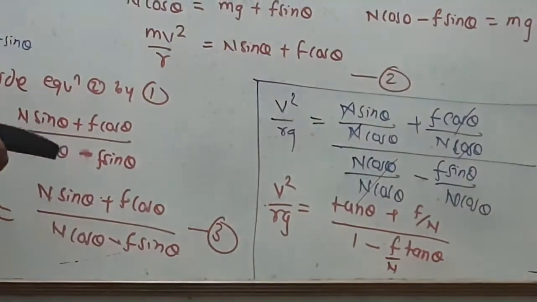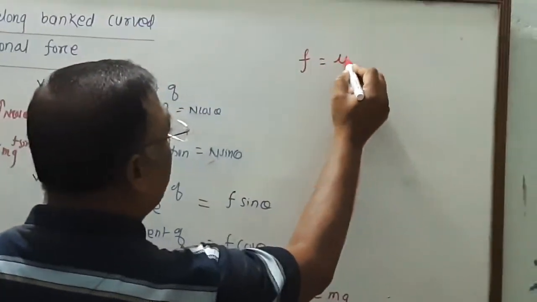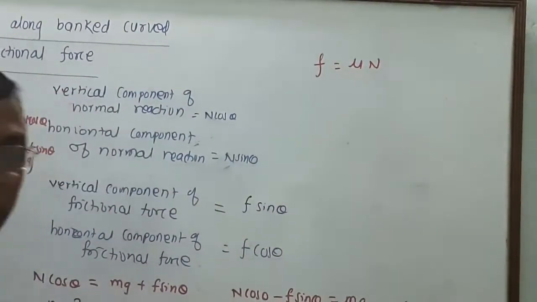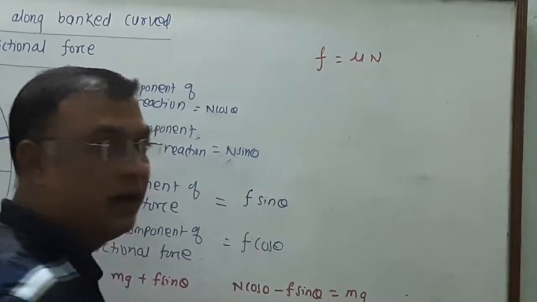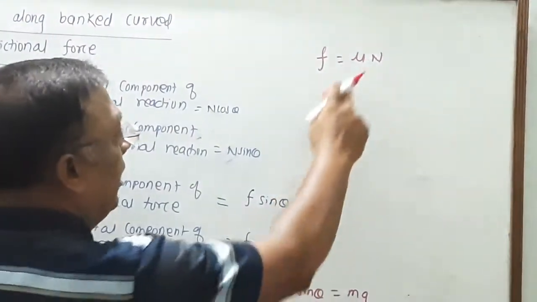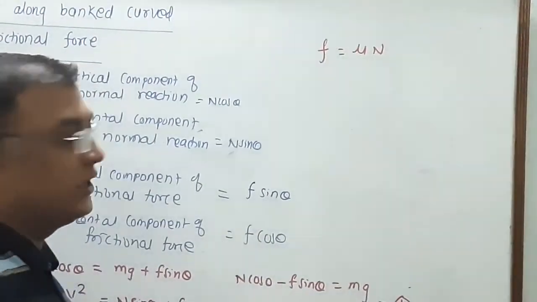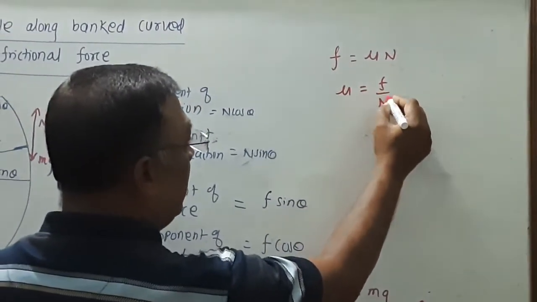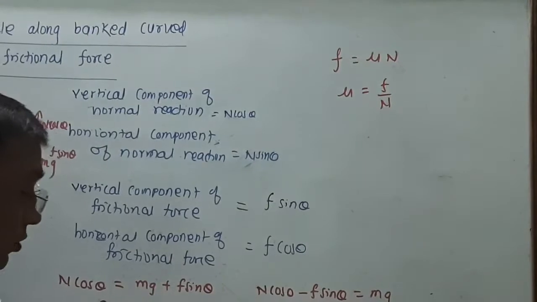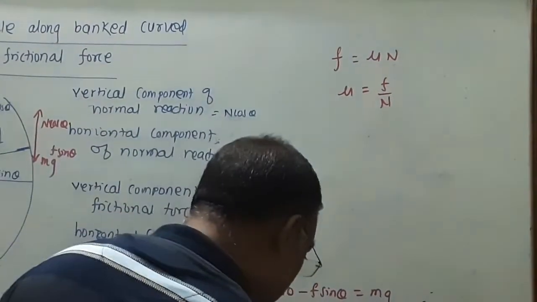You know that the frictional force is nothing but mu into n. According to the force of static friction, the frictional force is directly proportional to the normal reaction which is acting, where mu is known as the coefficient of static friction. So from that, mu is equal to f by n. You can put this value in this equation here.